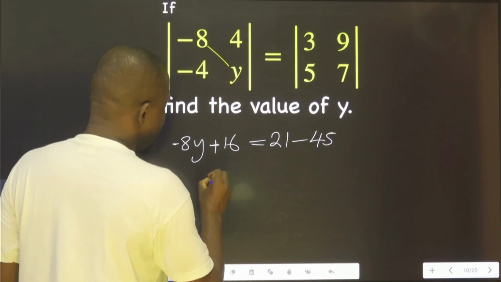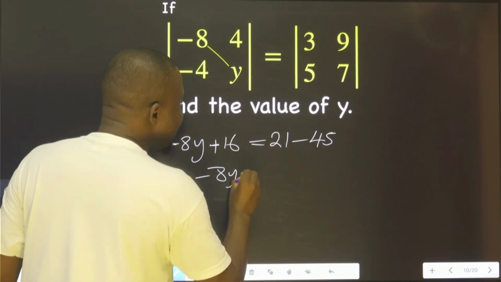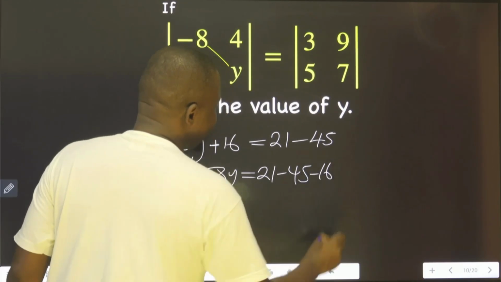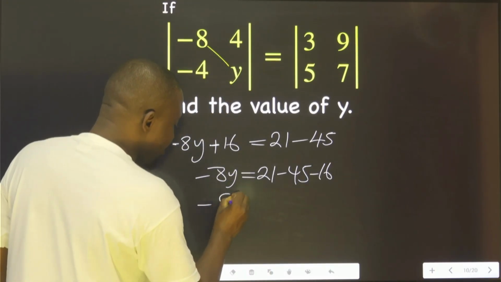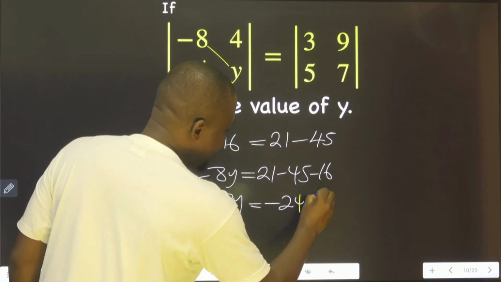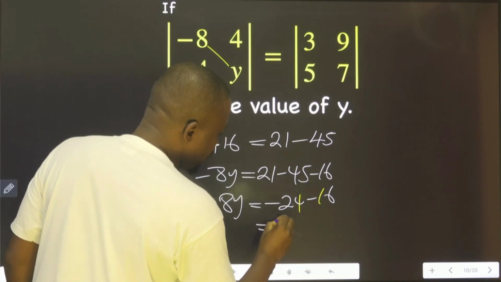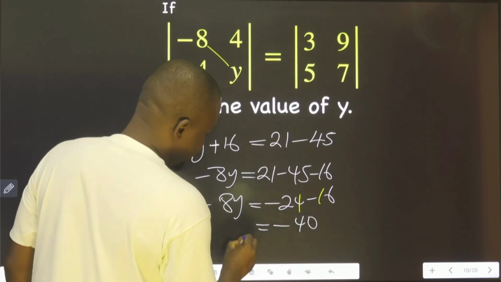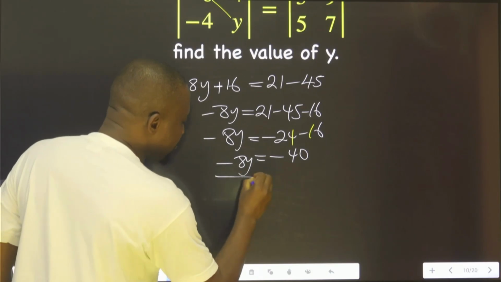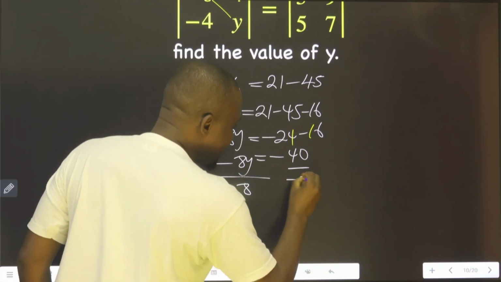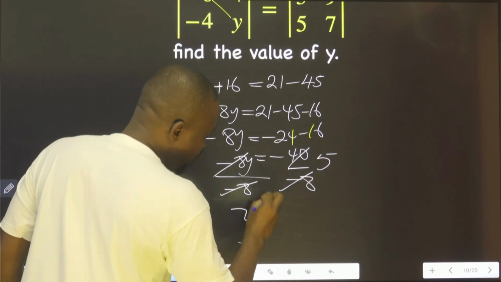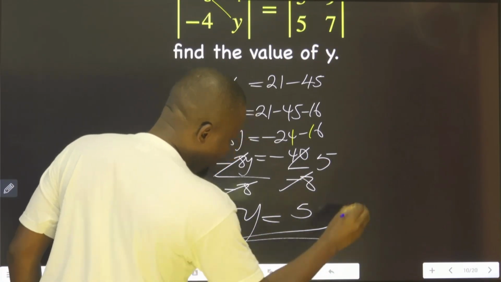That is to say, minus 8y is equal to 21 minus 45 minus 16. Minus 8y equals minus 24 minus 16. This will produce minus 40. We divide both sides by minus 8. This and this will cancel. This will produce 5. It means y therefore is equal to 5.